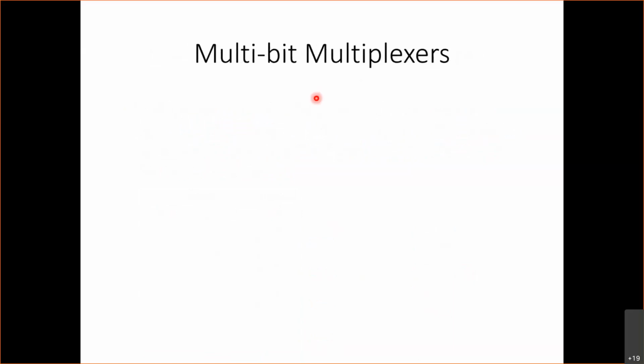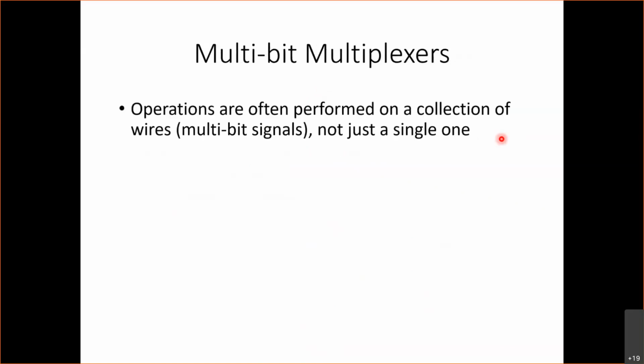In many cases, operations are performed on multi-bit signals, not just one signal, and we want to select multi-bit inputs. For example, we might have an 8-bit number or a 32-bit number, and I might want to select between two different 32-bit numbers.